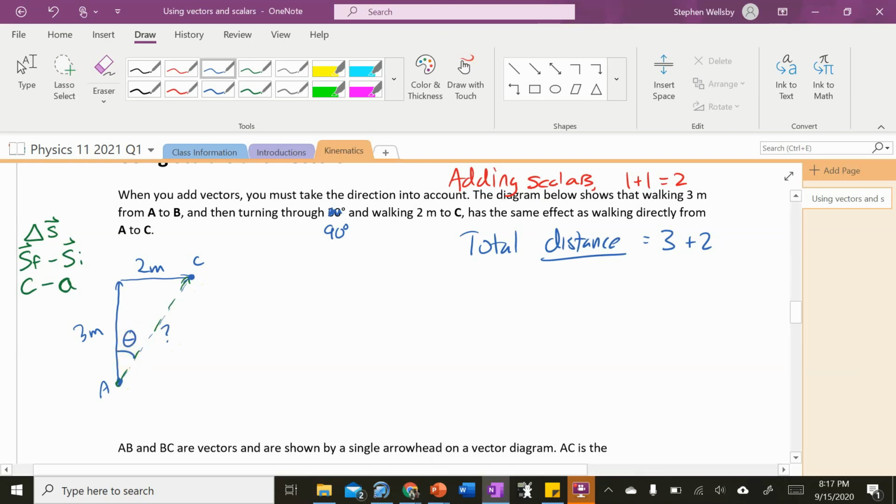So what is this angle here that's going to help me find out my total displacement? So what I'm trying to ask essentially is from A, how far did I move and in what direction did I move, to end up at C? And I'll give you a hint, it's not going to be 5. Hopefully you can see it's going to be less than that. So pause the video here if you think you can give it a try and go for it.